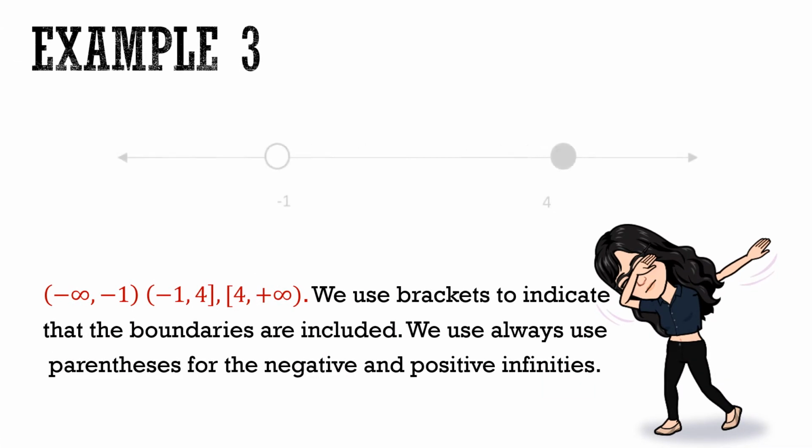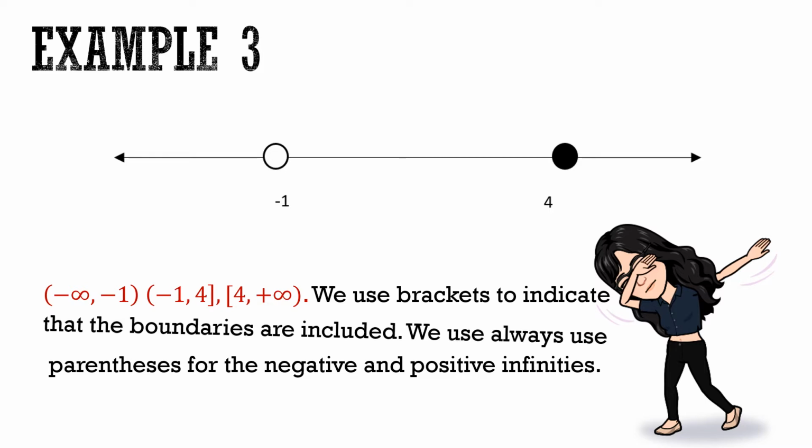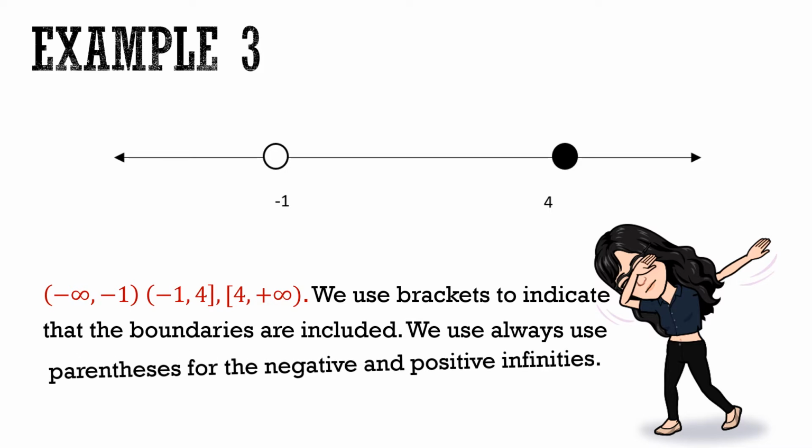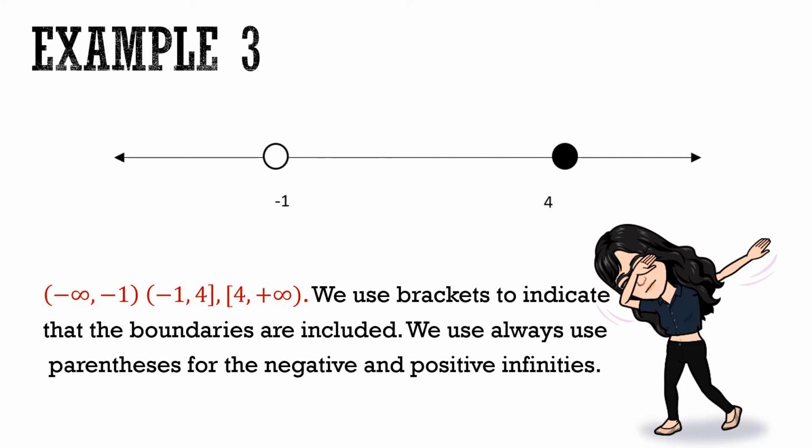Example number 3. In this example, one of our boundaries is in the open circle, and the other boundary is in the closed circle. Therefore, I can write this in interval notation as the quantity negative infinity and negative 1, open parenthesis negative 1 and 4 close bracket, open bracket 4 and positive infinity close parenthesis.